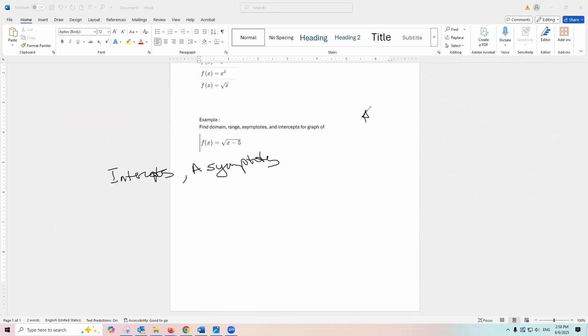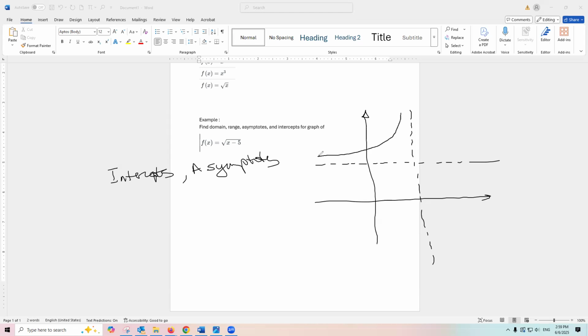Let me draw a graph here, and I'm going to make this graph do something kind of strange. It's going to go up like this and curve like this, let's say.